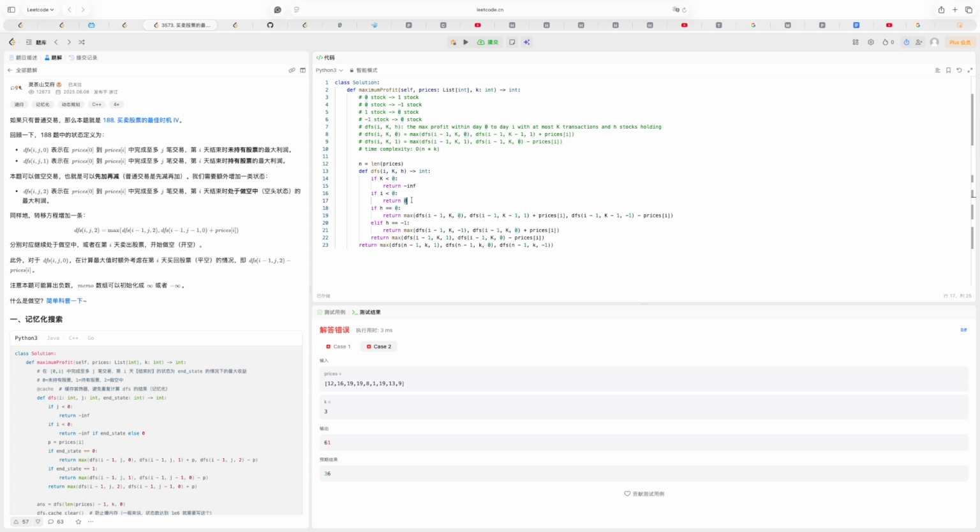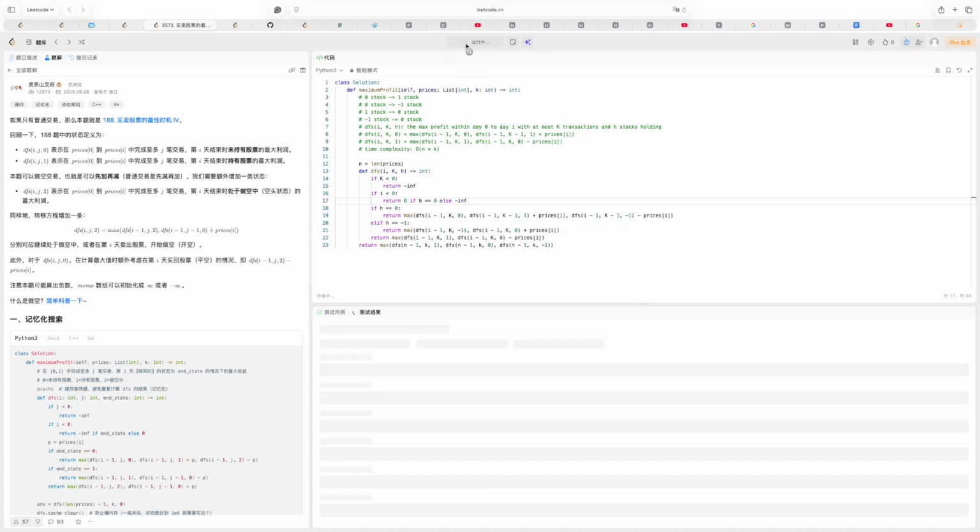Yeah, so this should be the same if H is 0, L is invalid.